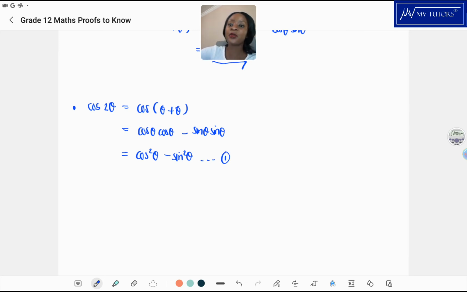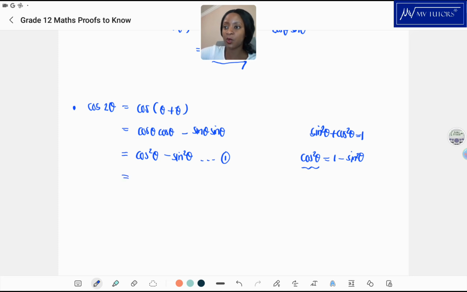Okay, now remember that identity that we have, that cos squared theta is equal to 1 minus sine squared theta. This comes from sine squared theta plus cos squared theta is equal to 1. So if you were to rewrite it in terms of cos, you have this over here. Okay, so let us substitute what cos squared theta is equal to.